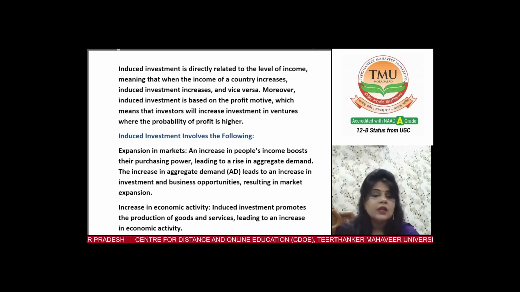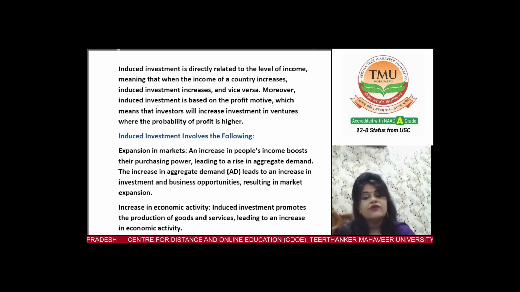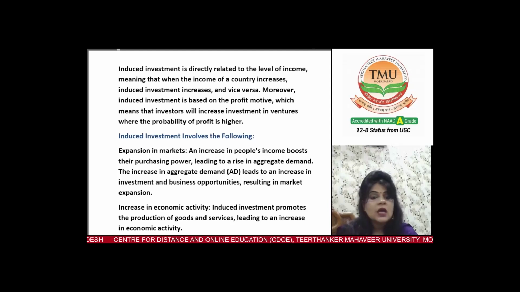Simply put, induced investment refers to investment that changes as the level of income changes in the economy. Therefore, it is the type of investment that depends on the level of income in the economy.